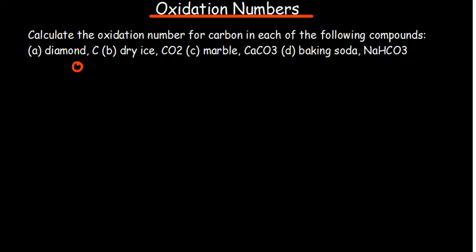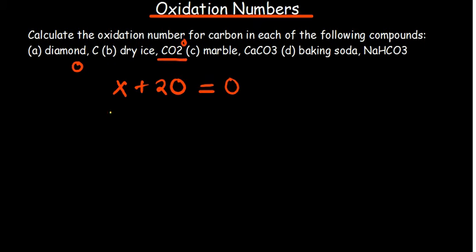Number 2, carbon dioxide. So I want to find the oxidation number of carbon in carbon dioxide. Carbon, we'll put X to denote it, and then we've got 2 oxygen atoms. Now what is the charge? There's no charge here, it is 0, so the summation of all the oxidation numbers is equal to 0. Now substitute.